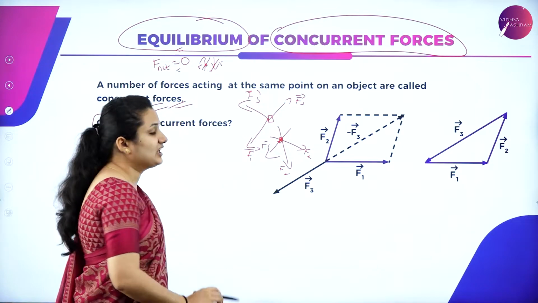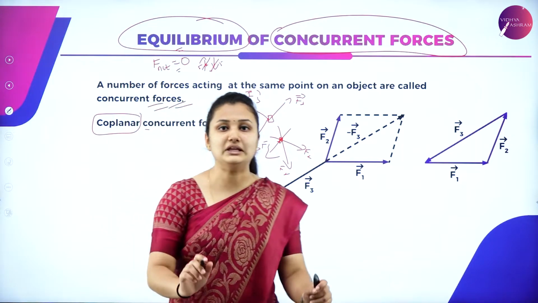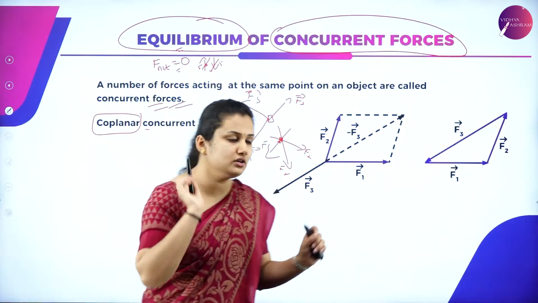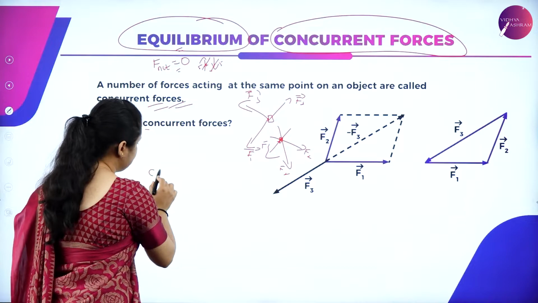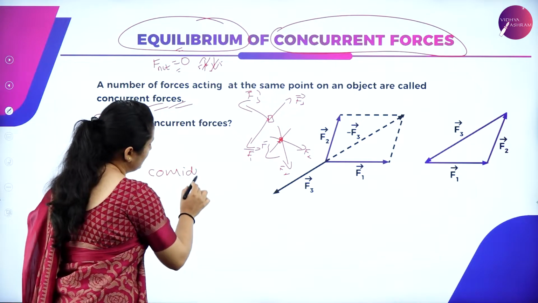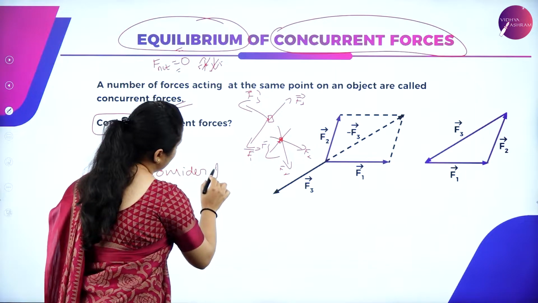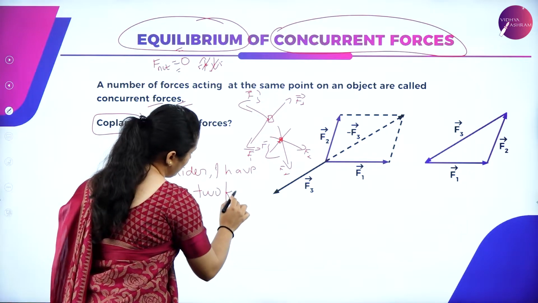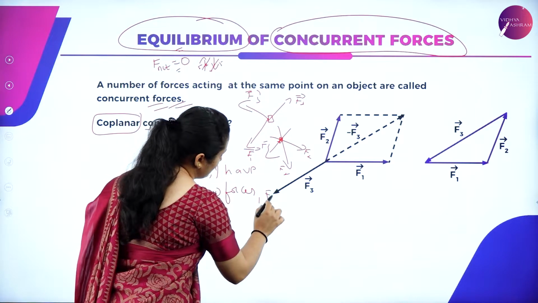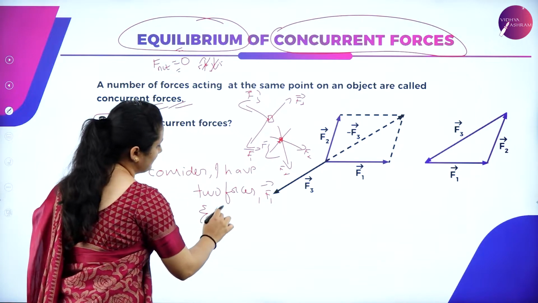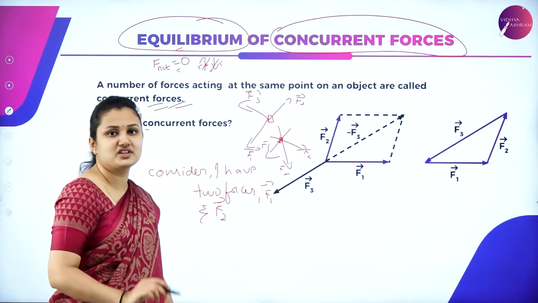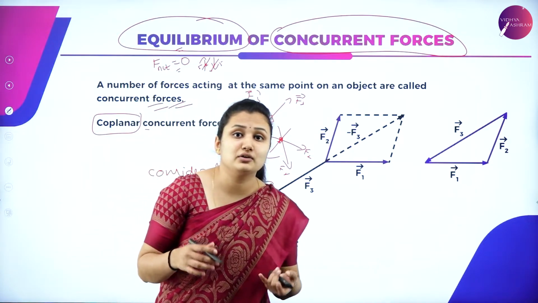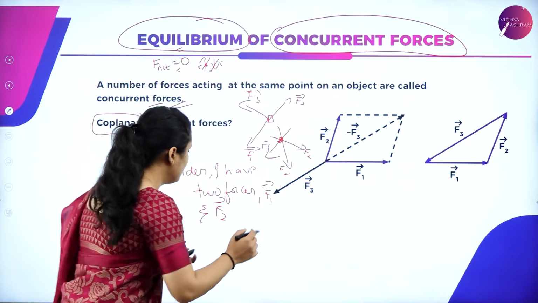So what is the requirement for a particle to be in equilibrium? The resultant, the net force, should be equal to 0. Suppose I have two forces F1 and F2. What is the requirement for equilibrium of the particle?